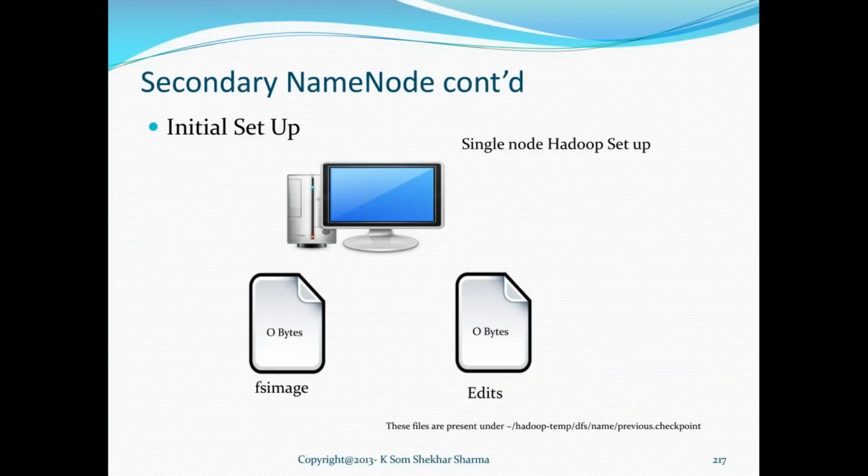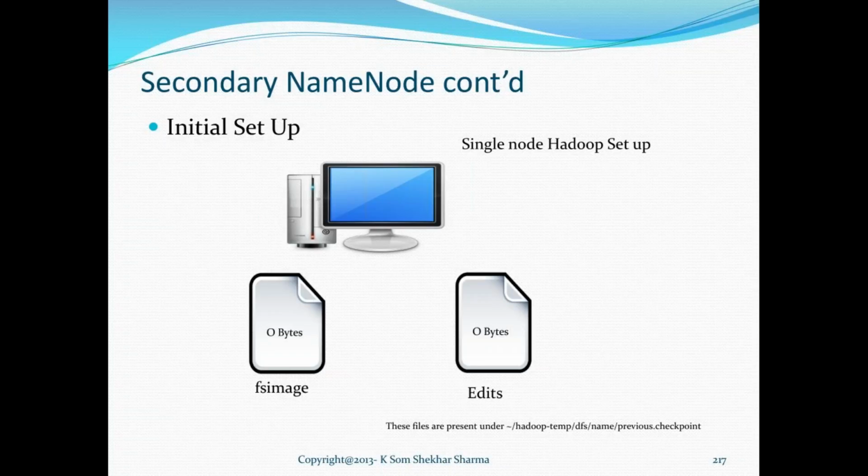So is the secondary node required to put the data which goes into the edit logs back into the FS image file, and would it create a new FS image file which has the previous FS image plus the current edit logs?